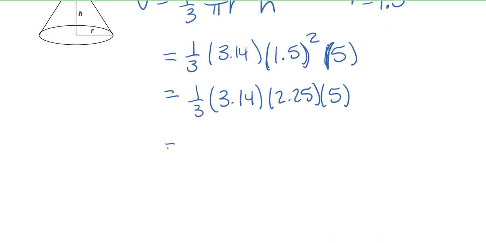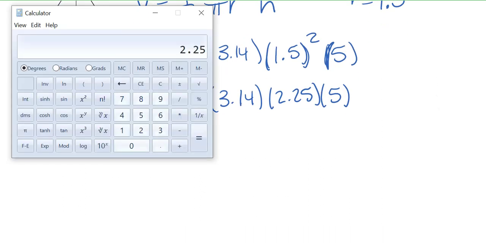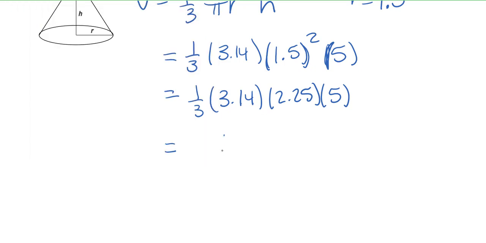Now let's keep going. We have 2.25 times 3.14 times 5, which is equal to 35.325. Now, 1/3 times 35.325 is the same as 35.325 divided by 3.